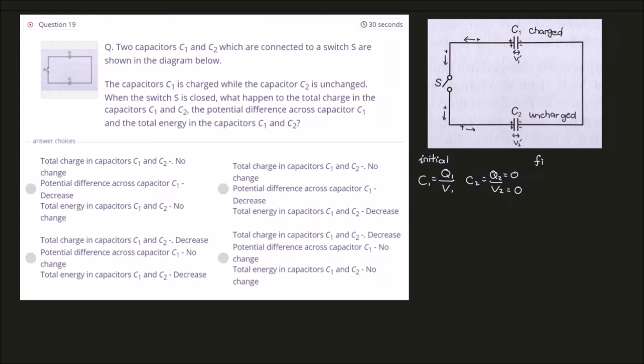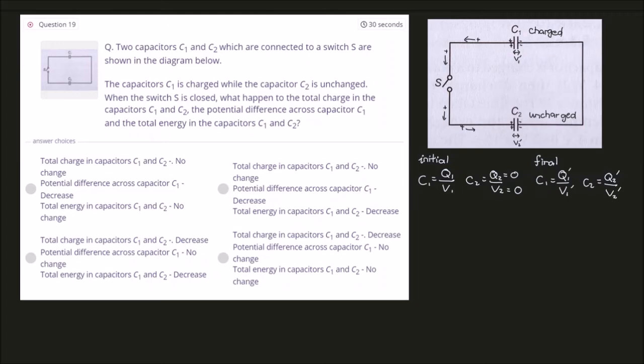The final situation will be C1 equals Q1 prime over V1 prime, whereas C2 equals Q2 prime over V2 prime.